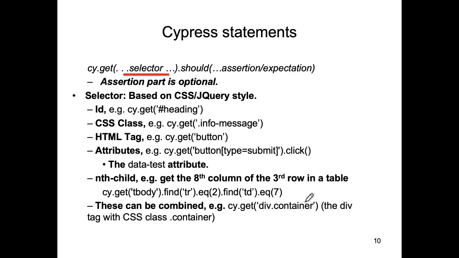Again, there may be more than one. So I'm combining CSS class and HTML tag in this selector. So that's selectors, and that's part of learning Cypress, becoming familiar with the selector syntax, as well as becoming familiar with some of the commands, and thirdly, the assertion syntax.